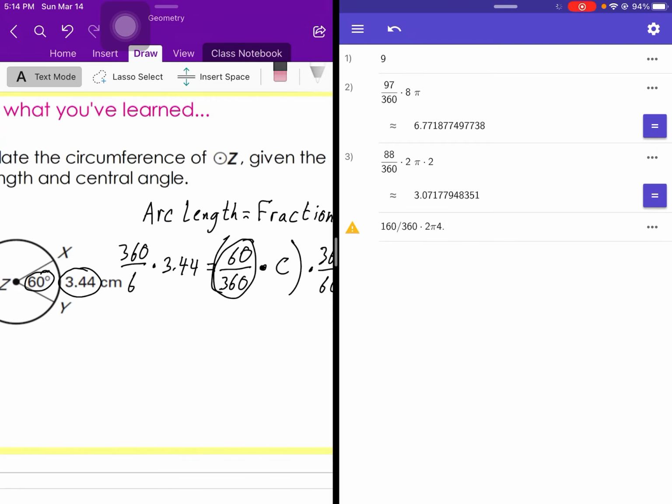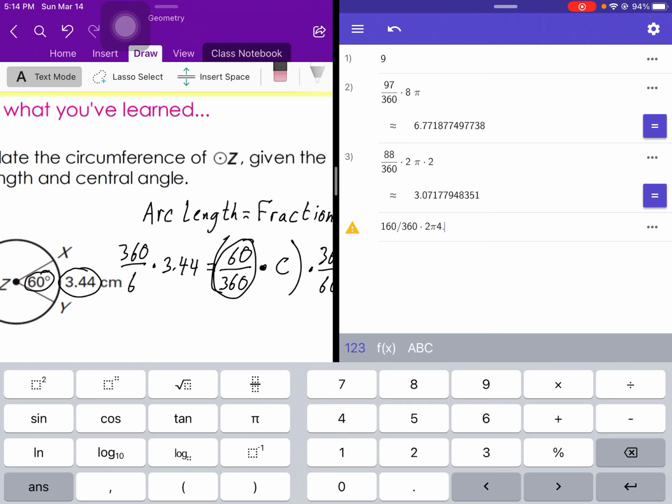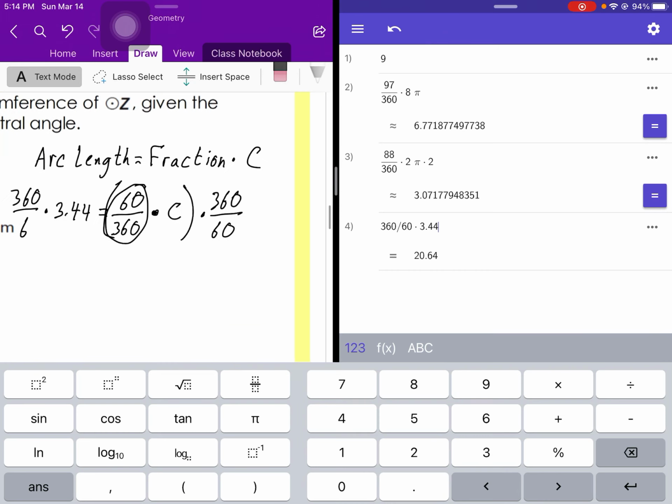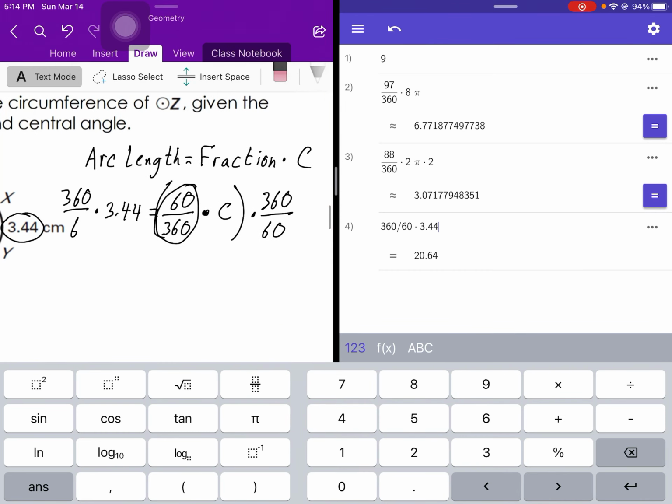So I'm going to do 360 divided by 60 times 3.44. And we get 20.64 for the circumference. Since they gave us a value of 2 decimals, we're going to leave our answer with 2 decimals as well. 20.64 centimeters.